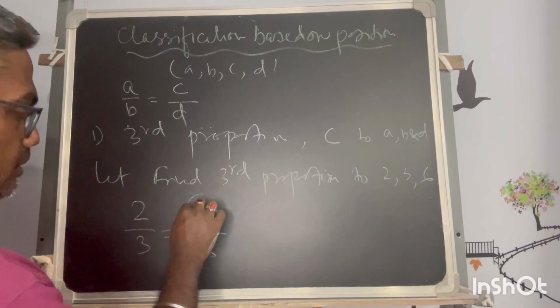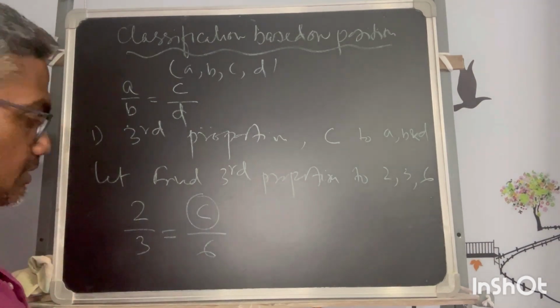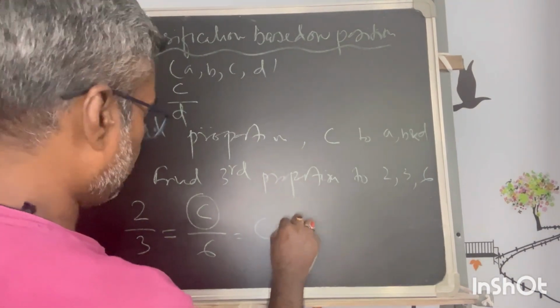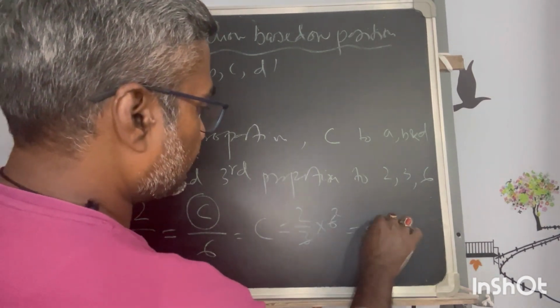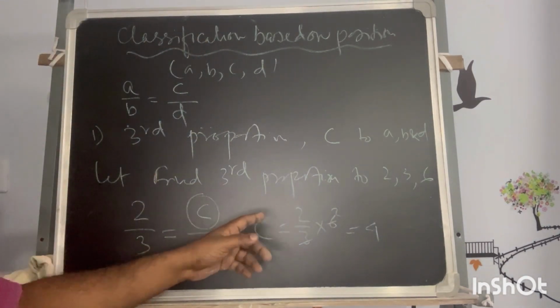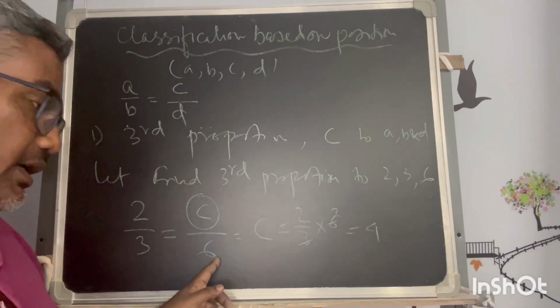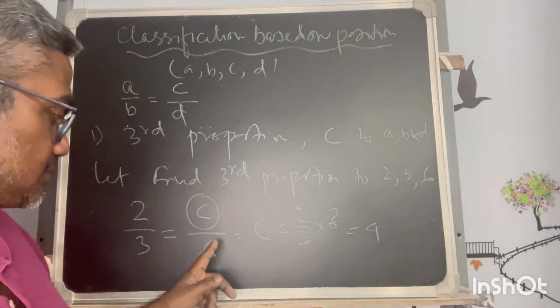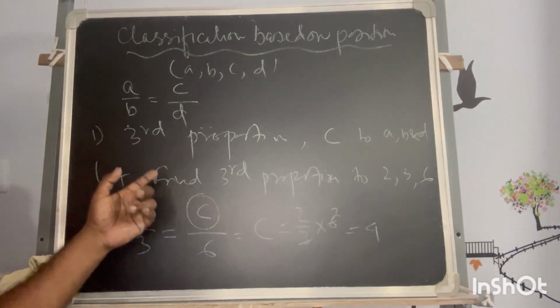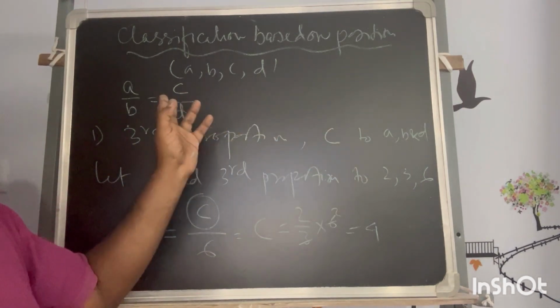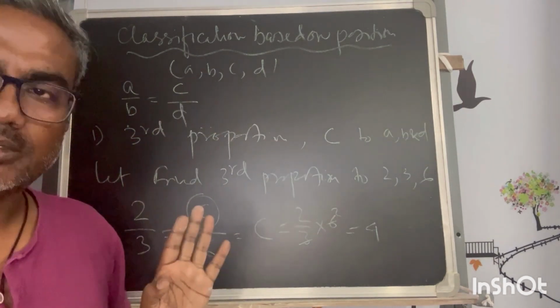Only if you put the third proportion in the correct place will you get the correct value, which is 4. Now you can match it. Earlier the case was 4, and now 6 is given and we find 4, so this is matching.